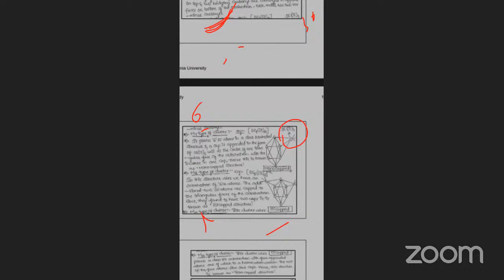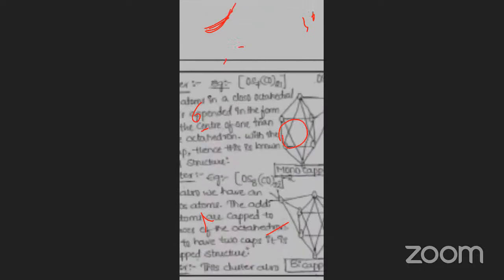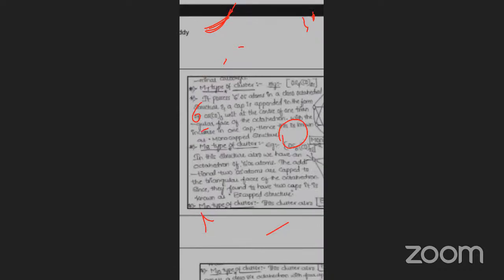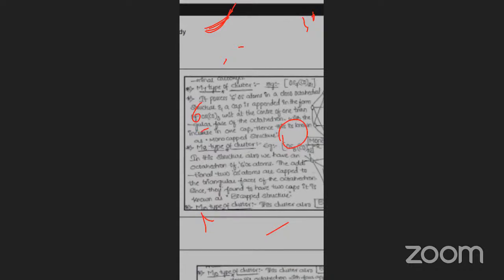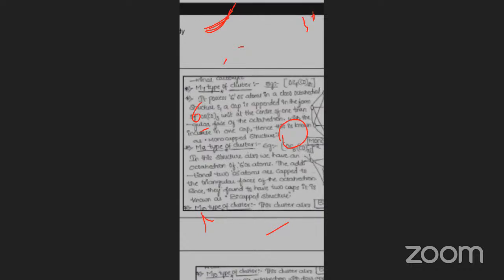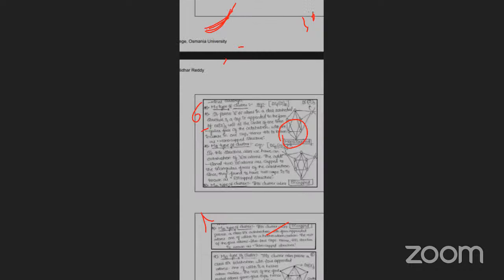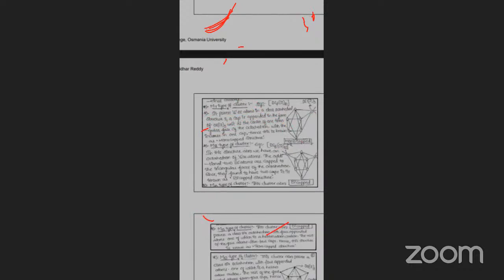Closo is nothing but a cage-like structure. It is an octahedral structure, and a cap is appended in the form of an Os(CO)3 unit at the face of the octahedron. Just wait, I will show it clearly.